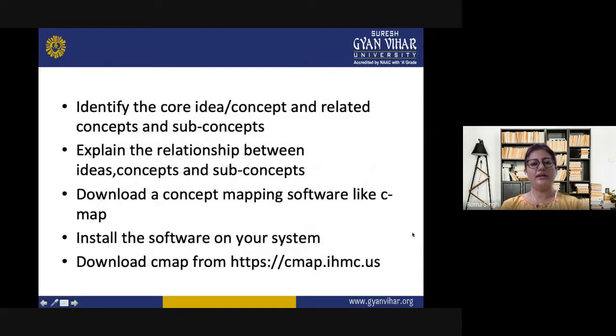So you have to identify the core idea, concept, and related concepts and sub-concepts first. Then only you will be able to proceed further. Then you have to establish relationships among the different concepts. For preparation of any kind of concept mapping, there is software available online which you can download, whichever you like and find easy.